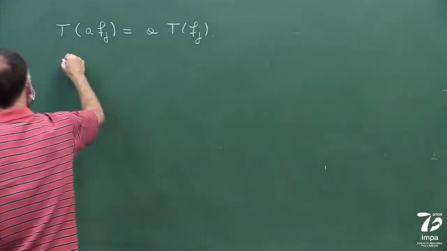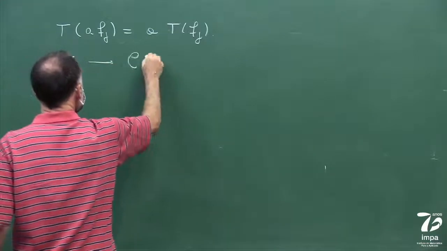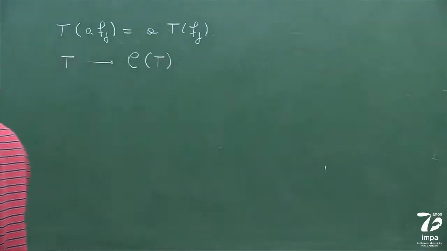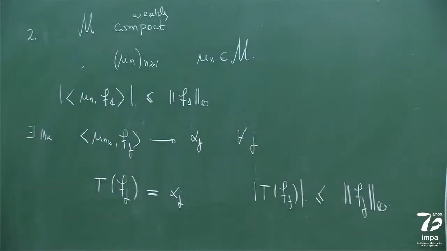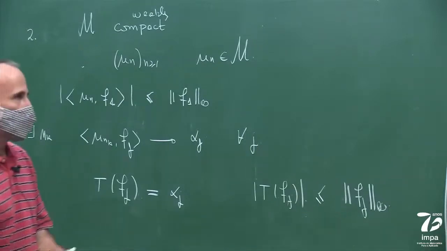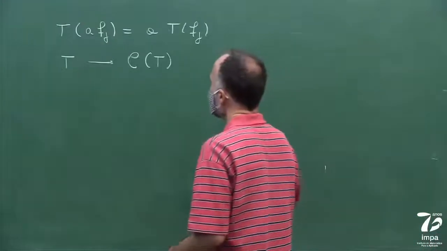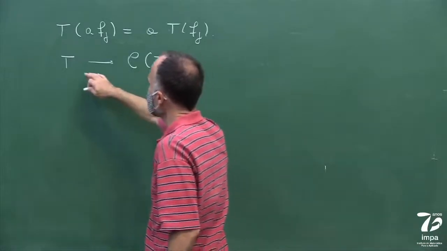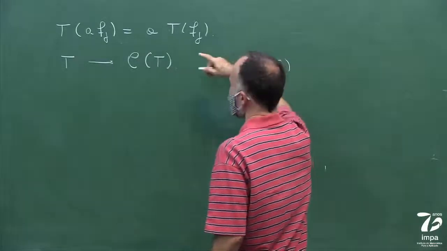And let me extend t to the space of continuous functions by taking, so if you have a continuous function, you know that there is a sequence fk which converges to this function. So let me define t of this function as the limit. So you have to show that the limit exists, but this comes from the Cauchy property. And so now, once you extend this linear function t, it still satisfies this bound.